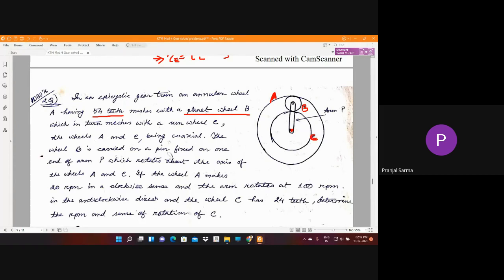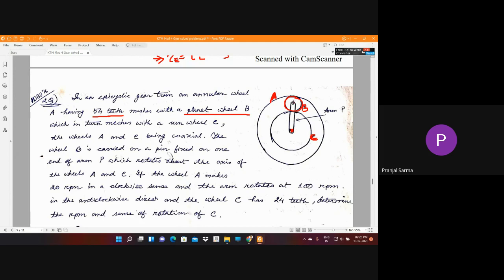The wheel B is carried on a pin fixed on one of the ends of the arm P, which is rotating about the axis of the wheels A and C. So this is the axis of wheels A and C. Wheel B is the planet wheel, so definitely it will mesh with the sun wheel as well as the annular wheel.